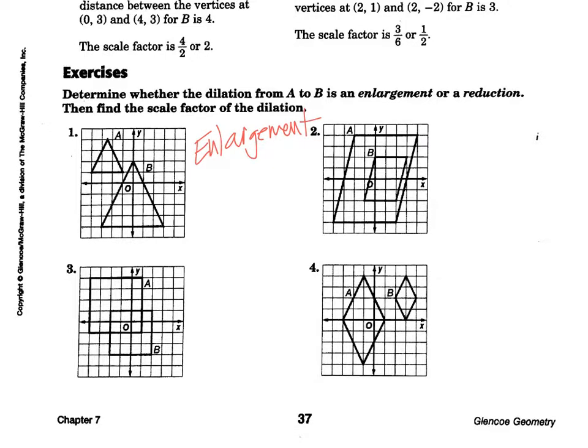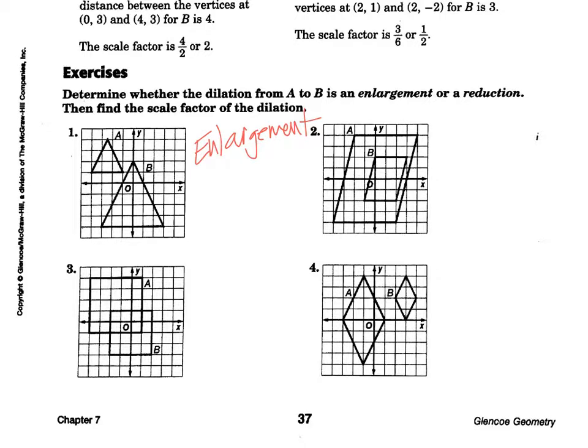Now, here's the easiest way to do the scale factor. You're going to take a value for the triangle that's easy to calculate. For example, I'm going to take the altitude or height of the triangle, and the reason I'm using that is because we're going to use it in future chapters.